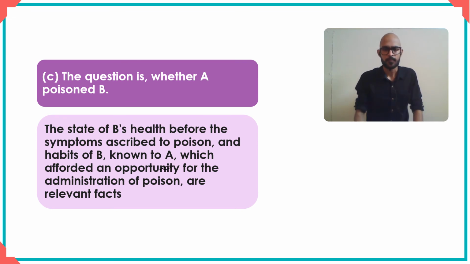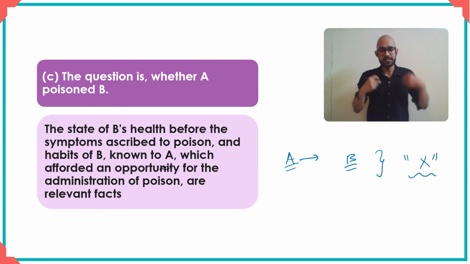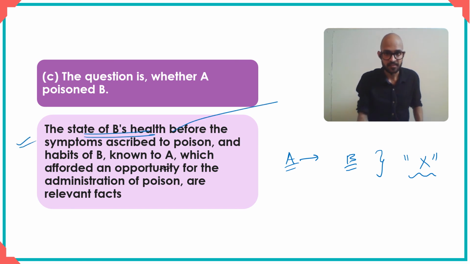Let us say A knew that B suffered from a certain disease, such that if he eats a certain substance X, he will die. This is the state of things. You can see the state of B's health is the state of things, which is given in section 7. This makes it relevant under section 7.